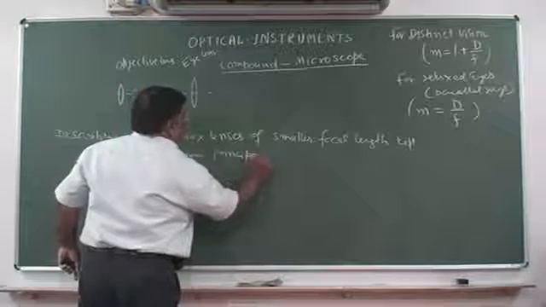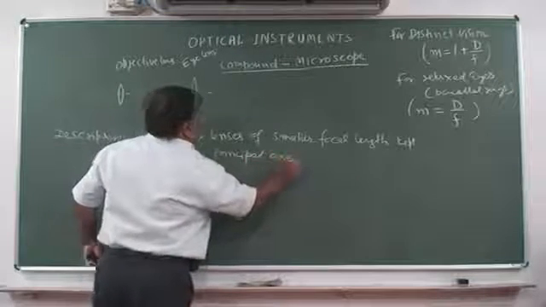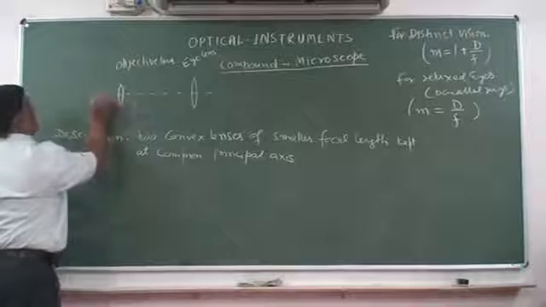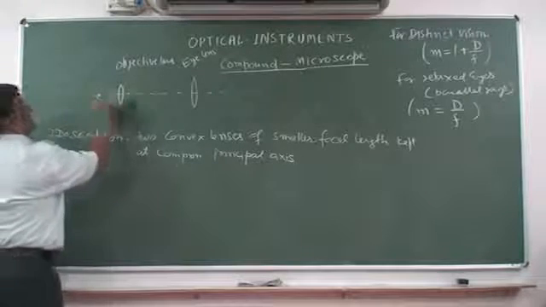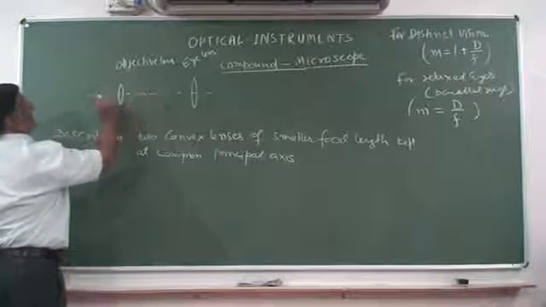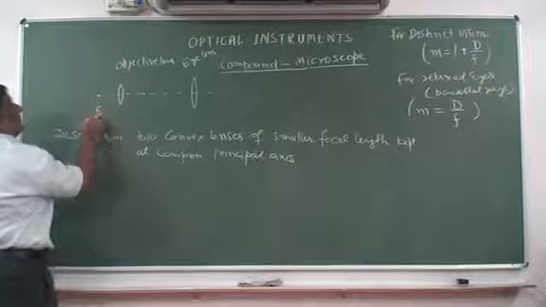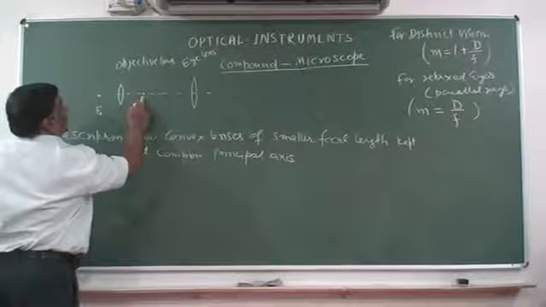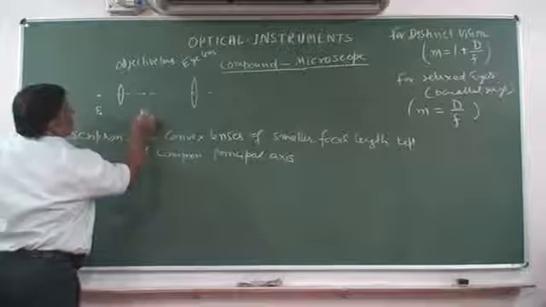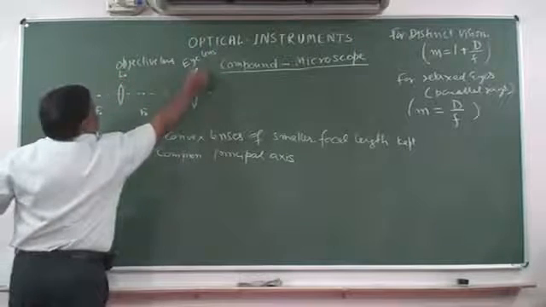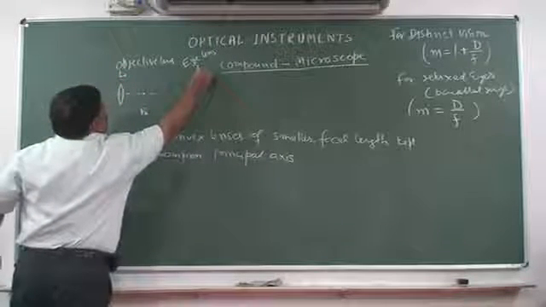This is the focal length of the objective, this is the focus of the objective. This is also the focus of the objective. This is the objective lens and this is the eyepiece lens.